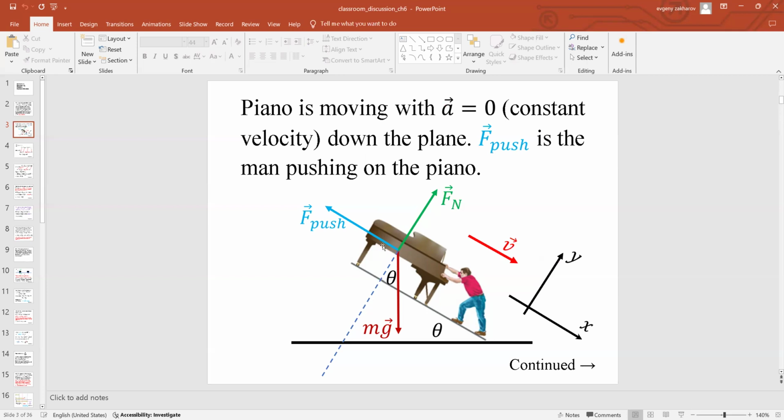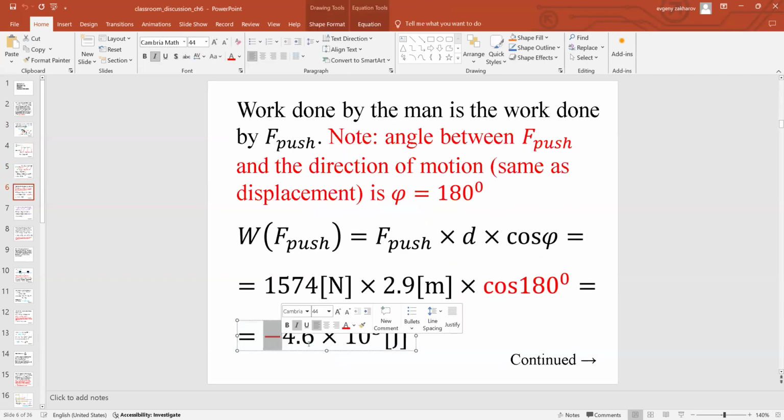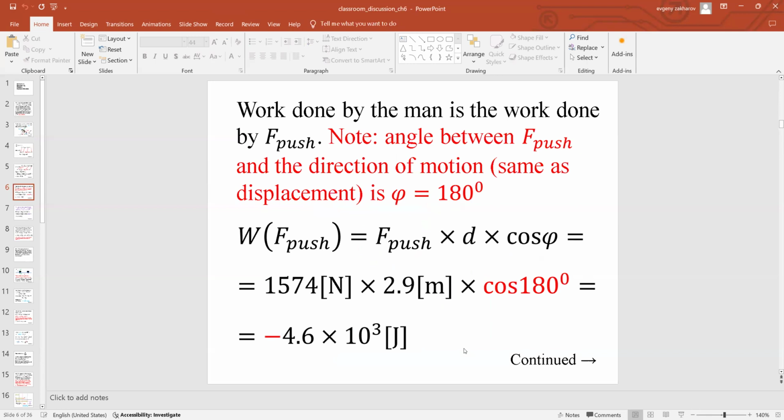And you can think about the push as friction. Doesn't really matter. Friction will always steal energy from the system. So work is negative. Do not ignore the negative. You have to show that for this case, work is negative. Energy is lost by the system. The system slows down because of that force acting on it.